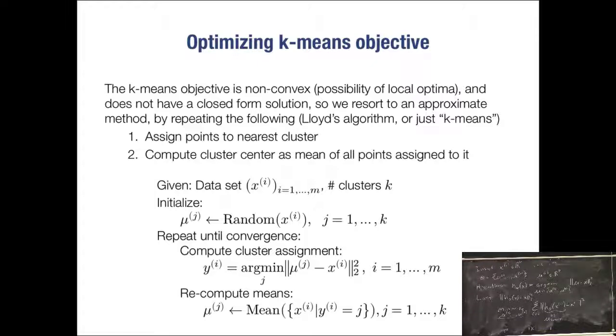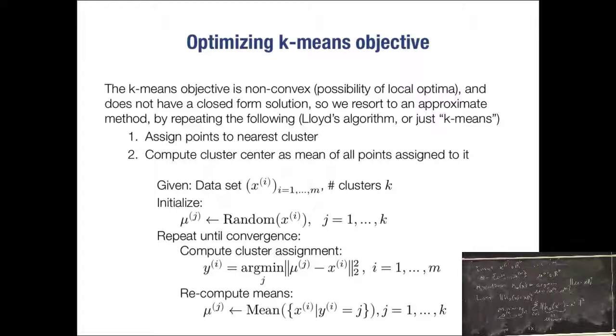The idea is very simple. We're going to repeat the following. First, we take all our points and find the center that they are closest to, and we assign them to that center. Secondly, we recompute cluster centers to be the mean of all the points assigned to them.